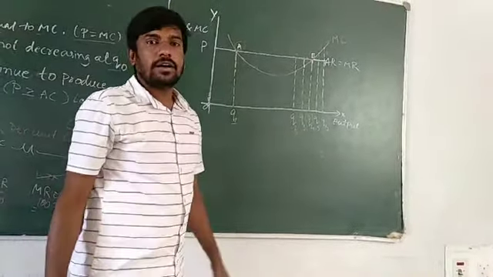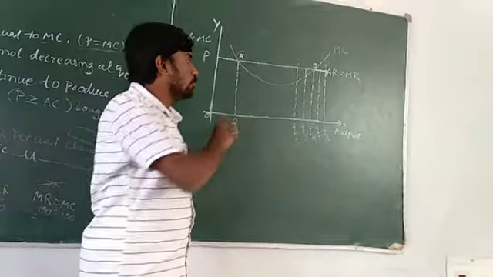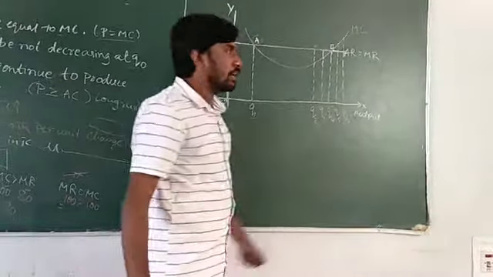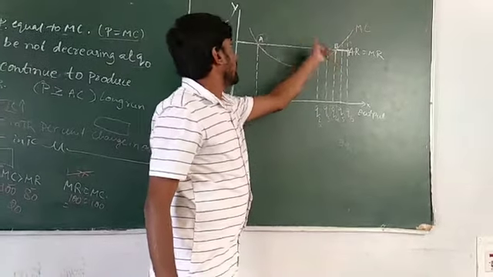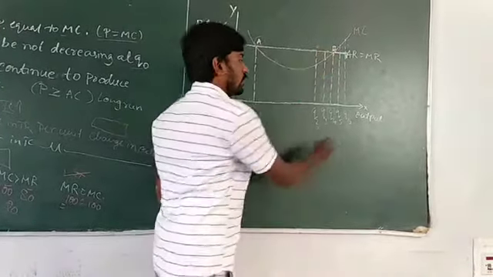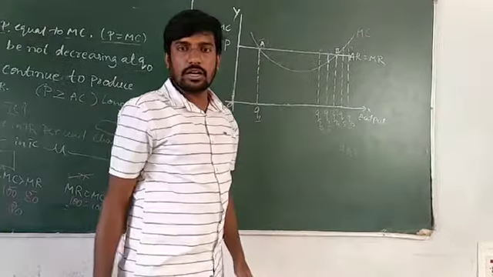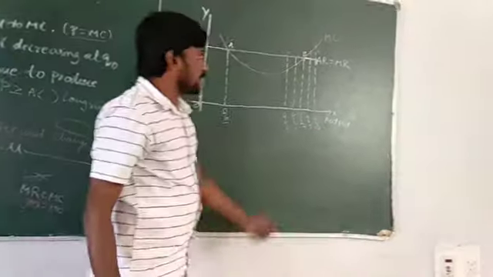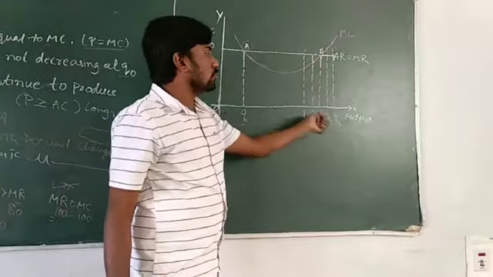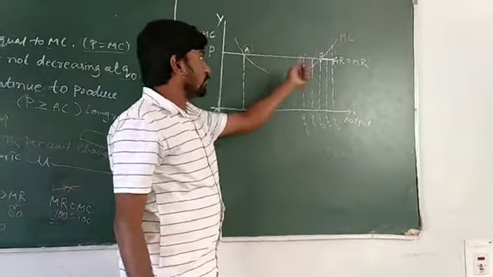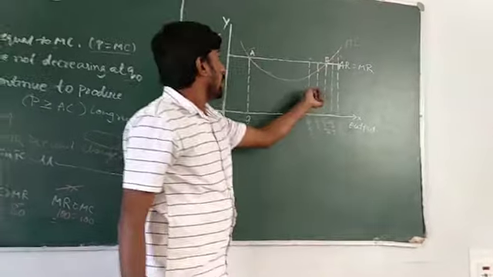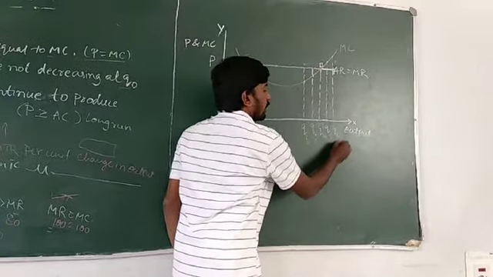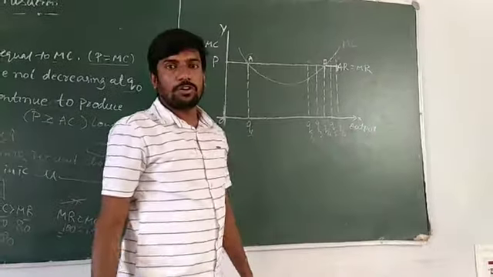So it is not the output which gives maximum profit to the firm. And the same thing in Q3. Here also price is more than marginal cost. That's why this one also does not give the maximum profit. If you take quantity 5 and quantity 6, there the marginal cost exceeds the price. That's why these two also do not give maximum profit to the firm.